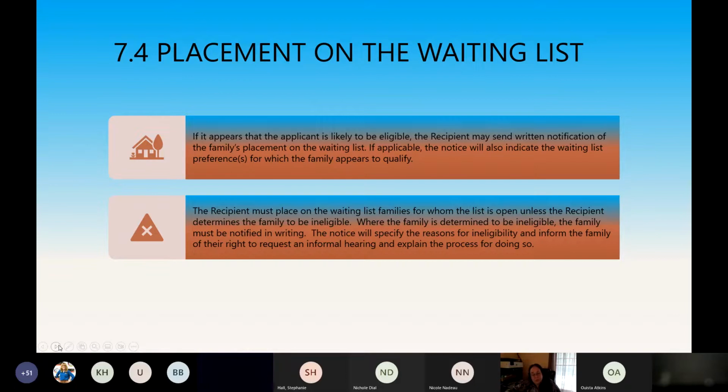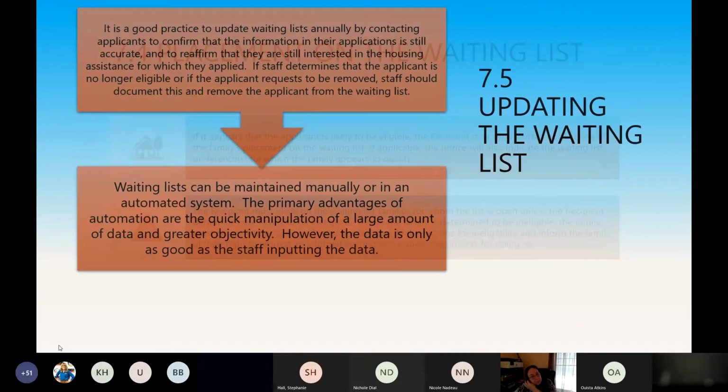So that notice will specify the reasons for ineligibility, due to something revealed within your criminal background, and inform the family of their right to request an informal hearing or grieve it, and explain the process for doing so. It's good to practice updating your waiting list annually by contacting applicants to confirm the information is still accurate.